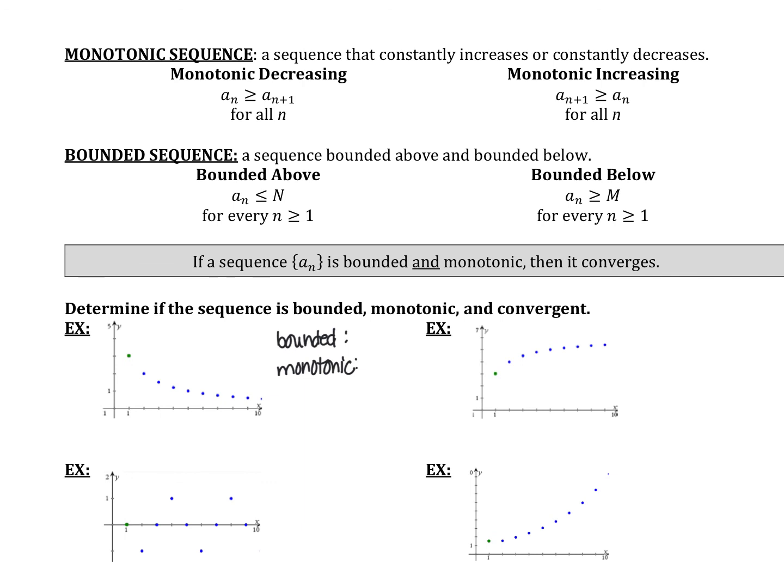It is bounded on the interval from 0 to 3, 3 being the upper limit. Now, is it monotonic? The answer is yes, because it's decreasing the whole way. Each value is a little bit less than the value before it. Because it's bounded and monotonic, it converges.